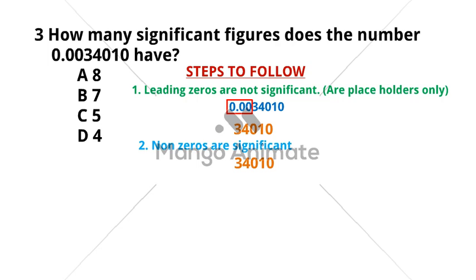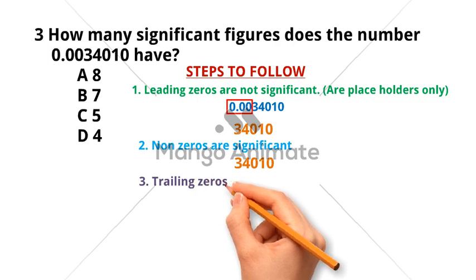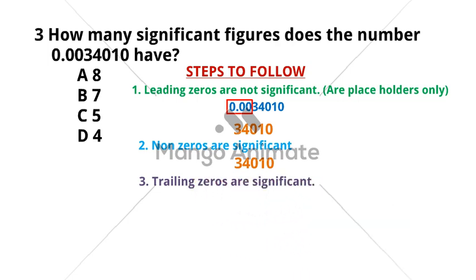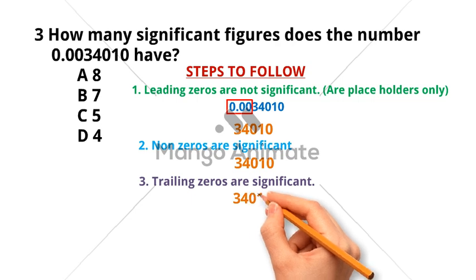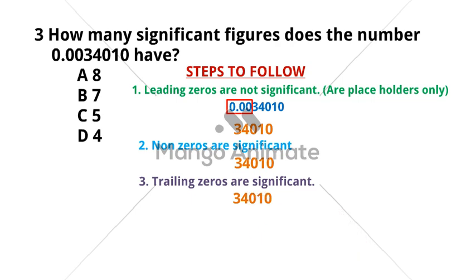We go to the third rule, which is trailing zeros are significant. This is the number we're remaining with. Remember, when we talked about leading zeros, we identified those and said they are not significant, so we took them away.